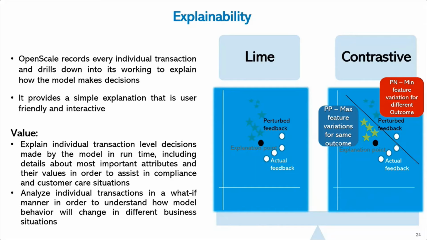As part of LIME, it will tell us what are the factors that influenced the decision and to which extent. And as part of the contrastive, it'll provide what-if scenarios to explore how much variance is allowed for the current outcome and what kind of variance should be there for an alternate outcome.